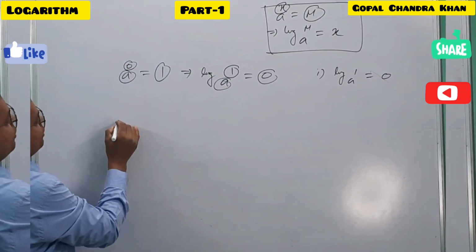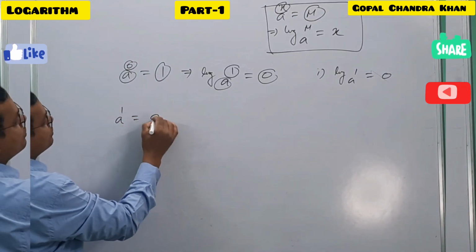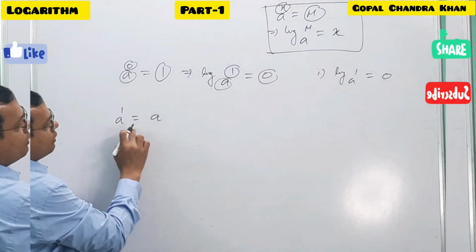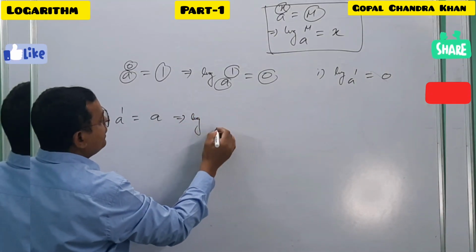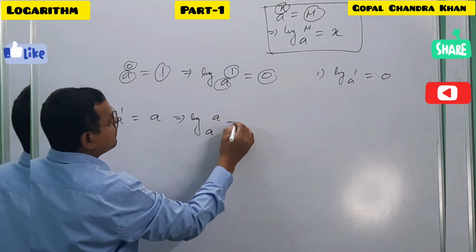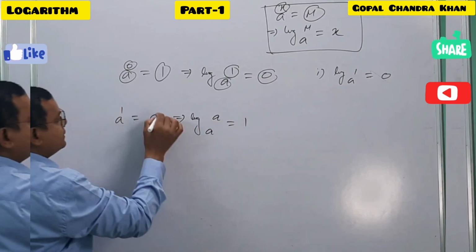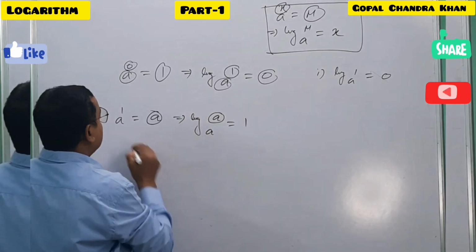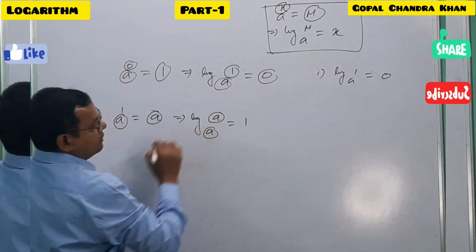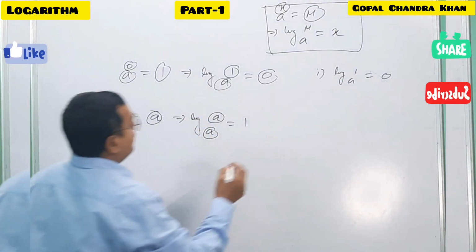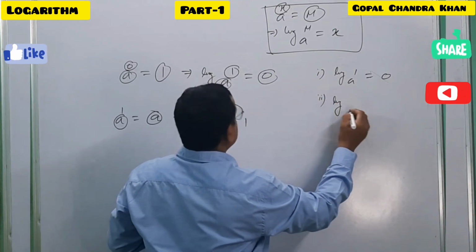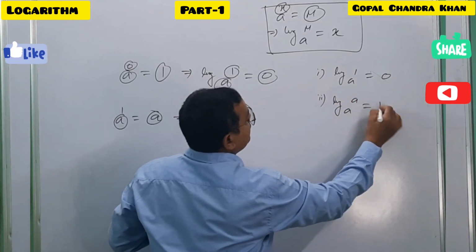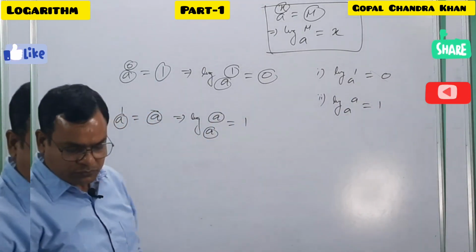Next, suppose you have a to the power 1 equals a. Now from that logarithm system, can we write log a base a equals 1? This a is coming here and this a is coming here as a base. And now you got another formula, number 2: logarithm a base a equals 1.